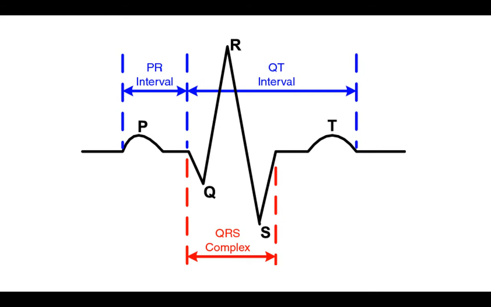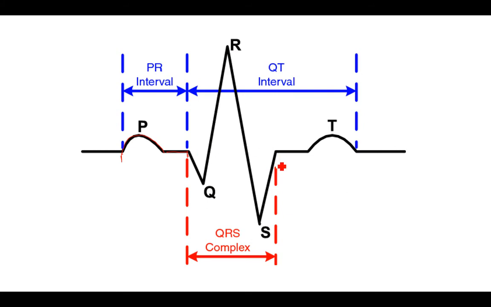Now you can see a single ECG complex, PQRST. The PR interval is from the start of the P wave to the beginning of the Q wave. It denotes atrial depolarization plus AV nodal delay. Second is your QRS complex.